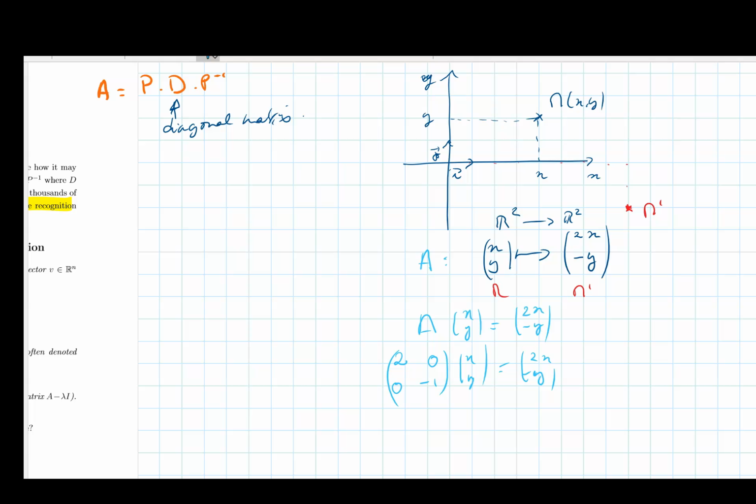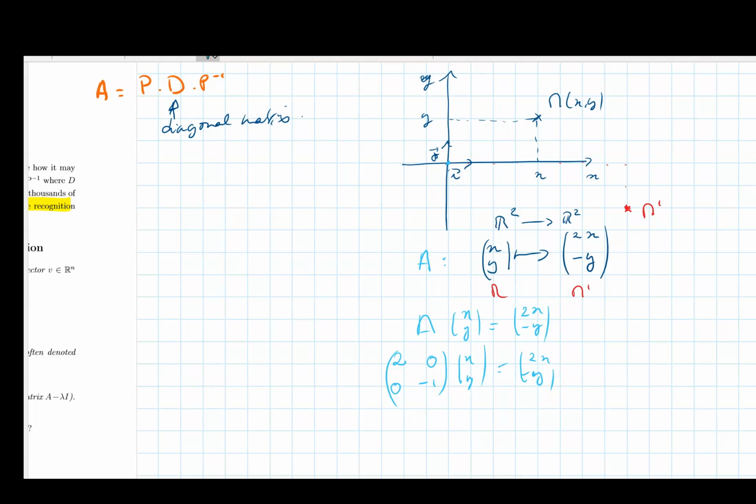Let's see some other nice things about this matrix. Let's see what it does to the vector i. I double the x coordinate, so it's going to land here, and subtract the y, but I have no y. So the vector i is going to be sent to that vector i prime.